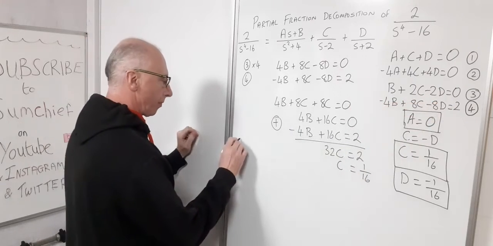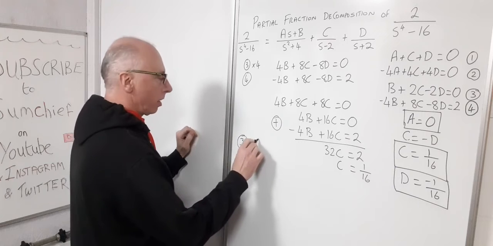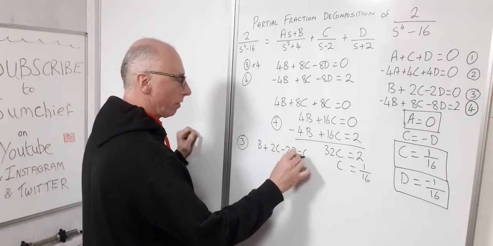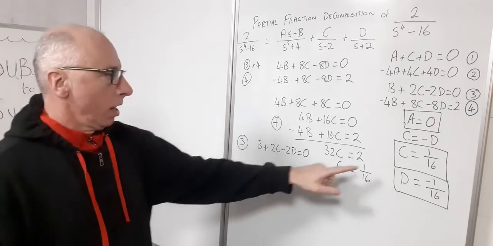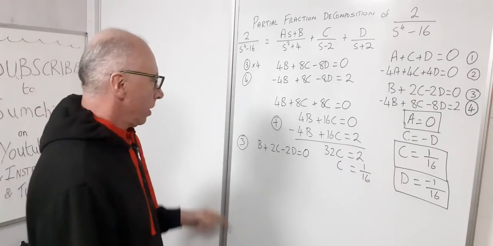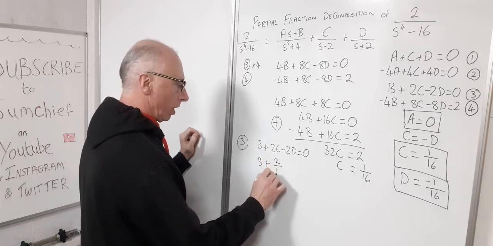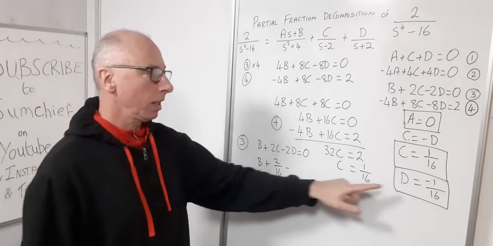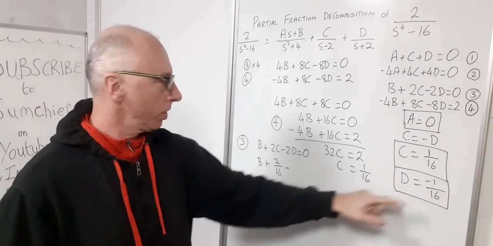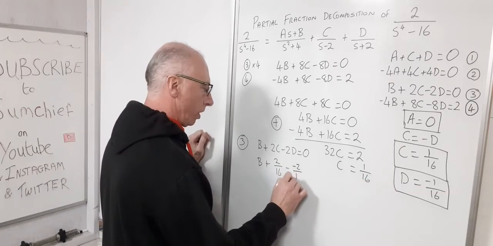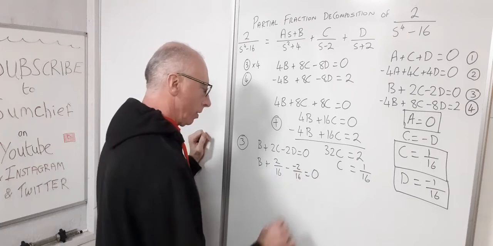So if I take equation 3, and that is b plus 2c minus 2d equals 0. I know c is 1 over 16, so I've got b plus 2 over 16 minus d, which is minus 1 over 16, so minus 2 over 16, that equals 0.